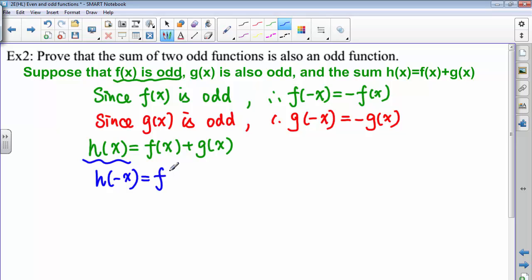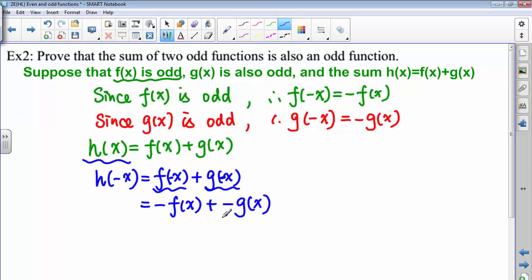So we replace all those x with negative x. And we know f of negative x is negative f of x, and g of negative x is negative g of x.